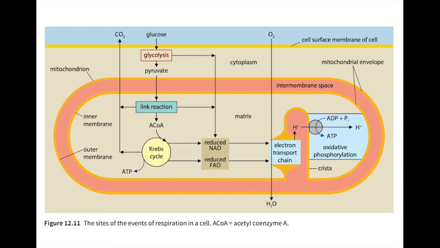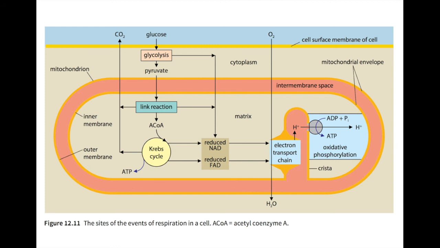This acetyl-CoA is being combined with a 4-carbon substance, oxaloacetate, to give us citrate, a 6-carbon substance. This, through a series of steps, is doing what?